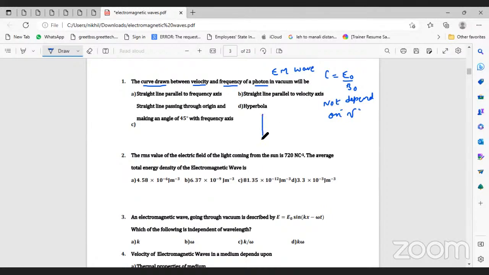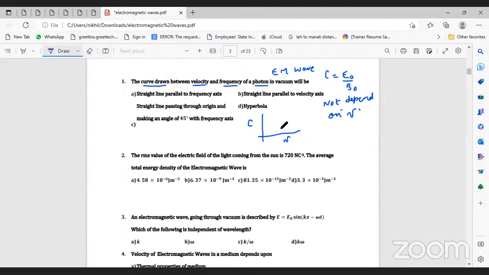So if I plot the graph between the speed of the electromagnetic wave and the frequency, it is going to be a straight line, parallel to the frequency axis, which is going to change.